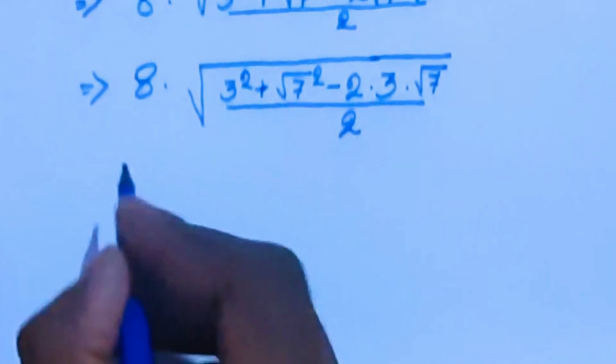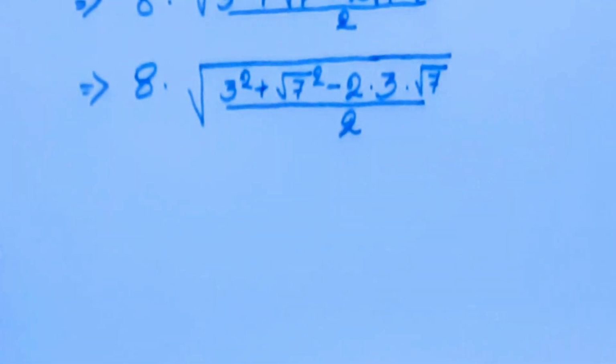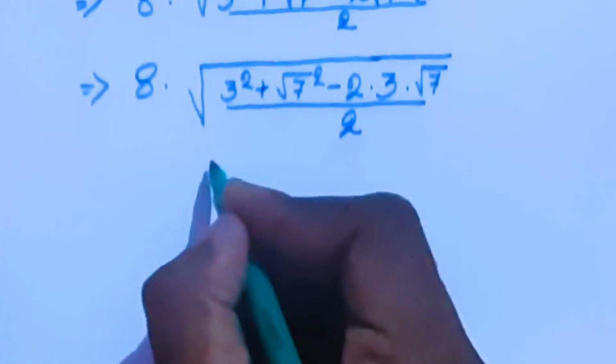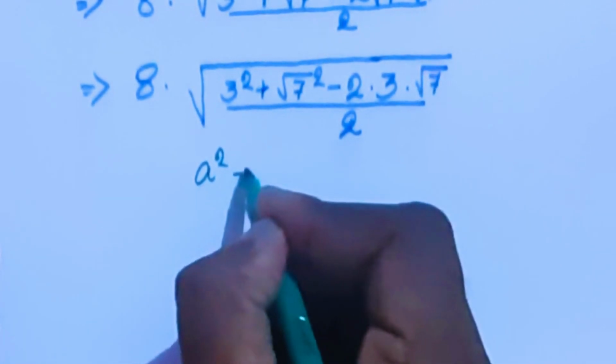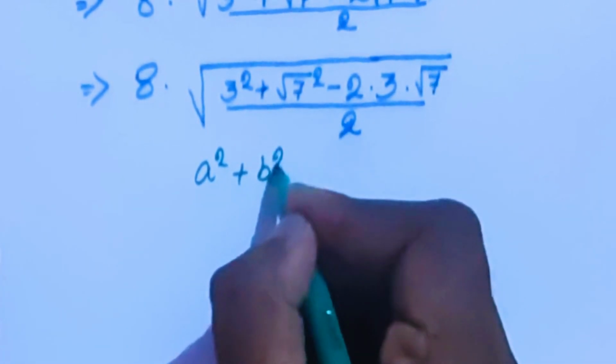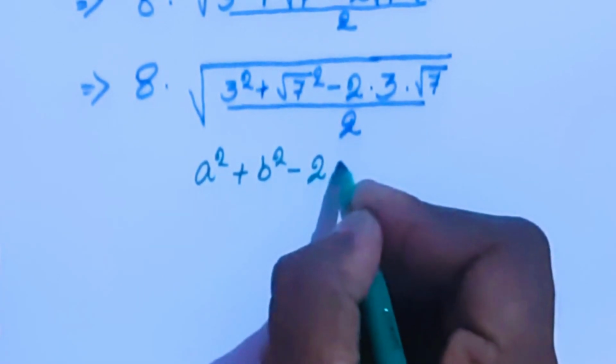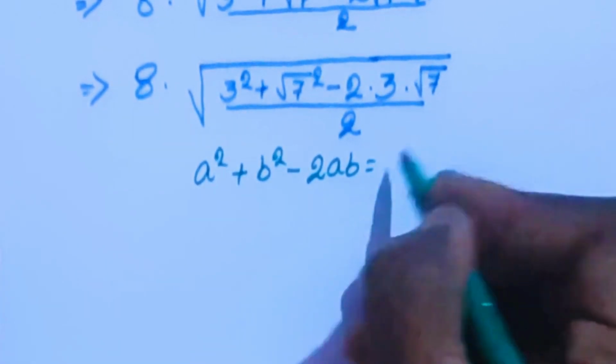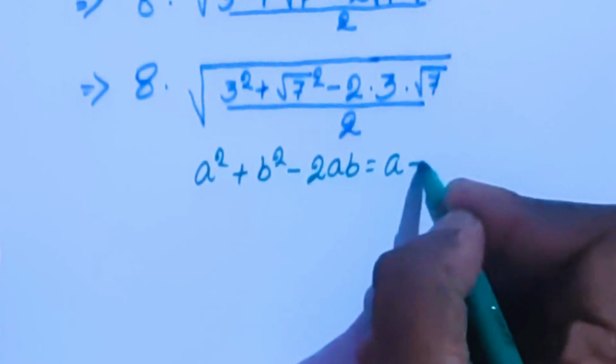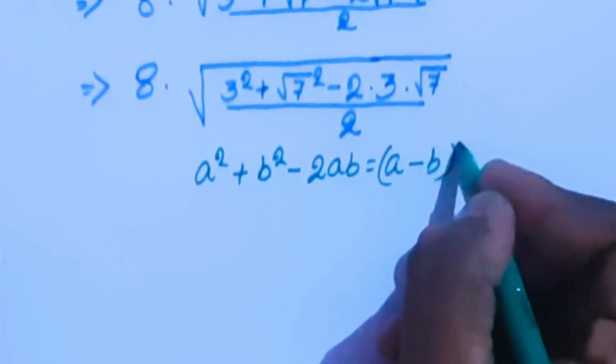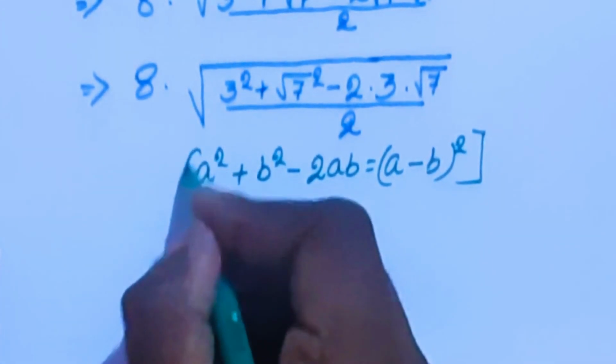Now we are going to apply here the algebra formula that a square plus b square minus 2ab equals (a minus b) whole square. This formula we are going to apply here.